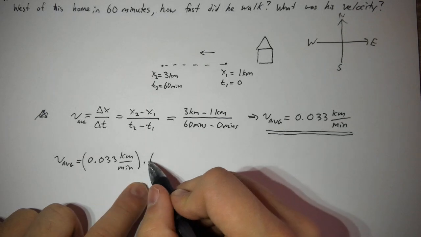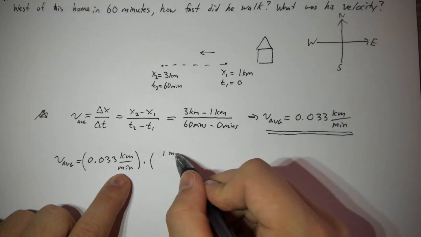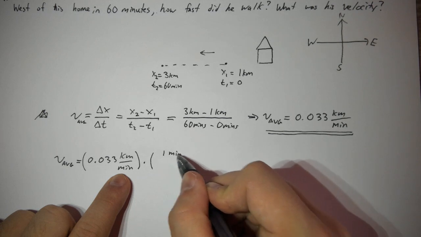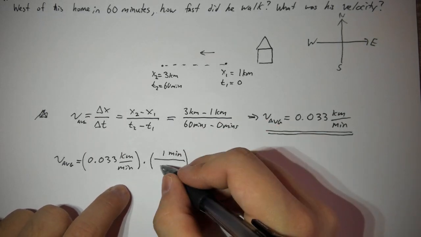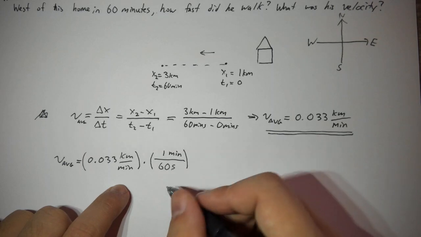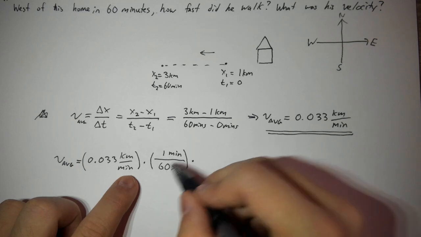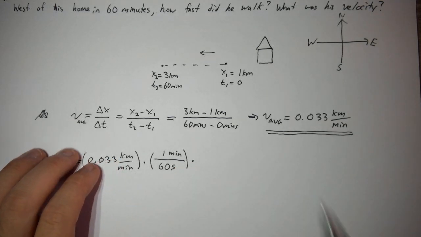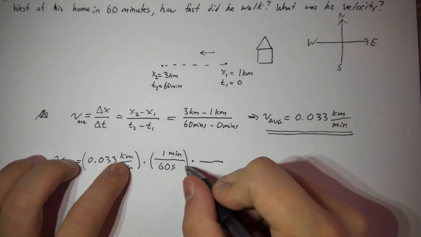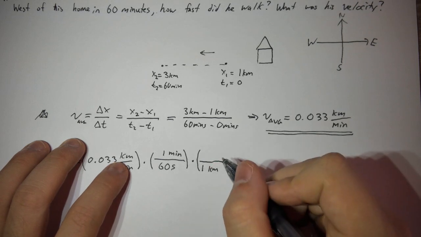So minutes is in the denominator, so we want to cancel that out and put it in the numerator. And so we say that 1 minute contains 60 seconds. So that's now converted to seconds. Now we also want to convert kilometers into meters. So kilometers is in the numerator, so we put it in the denominator here.